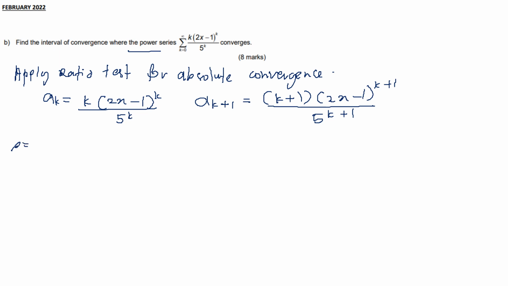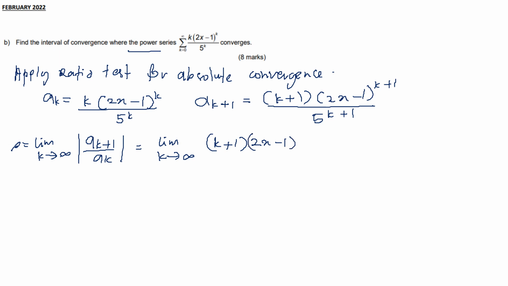So rho equals the limit as k approaches infinity of a_(k+1) divided by a_k. So you substitute the values for k that you found earlier, over 5 to the power of k plus 1.